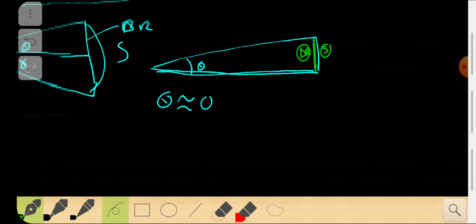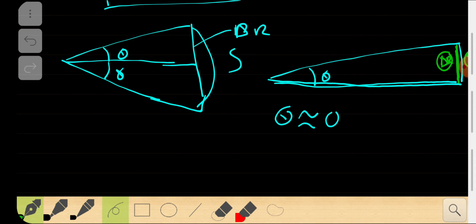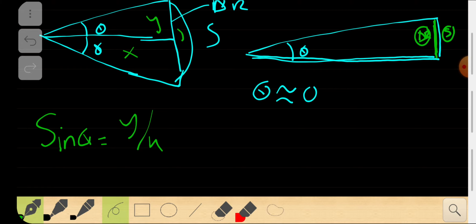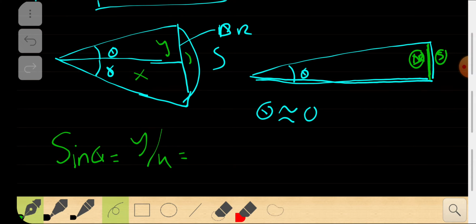So now you can write down sine theta. Let this side be x and this side be y, so sine theta will be y by x in generic form. So y by x must be equal to s by 2, and this side is delta r, so it's delta r by 2 by r, right?